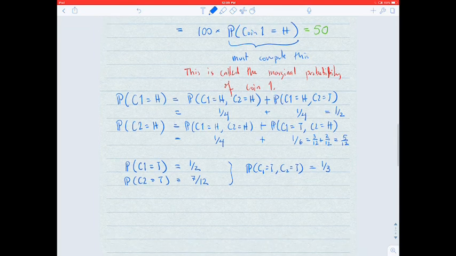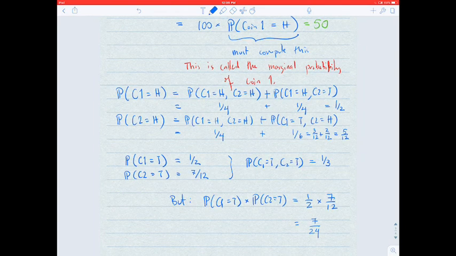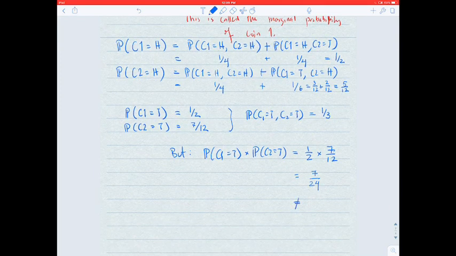But note that this is not equal to the product. So the probability that C1 is equal to tails times the probability that C2 is equal to tails is equal to 1/2 times 7 over 12, which is equal to 7 over 24, which is not equal to 1/3, and which is different from 1/3, which in fact would be 8 over 24.